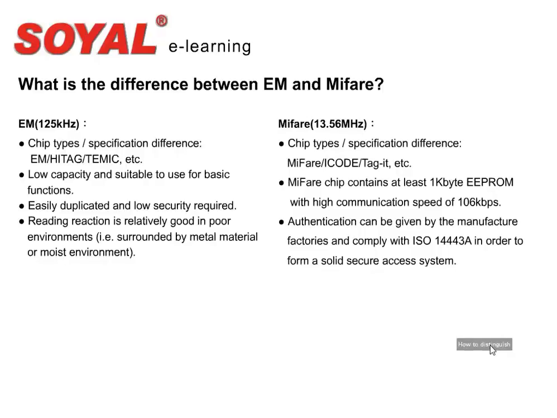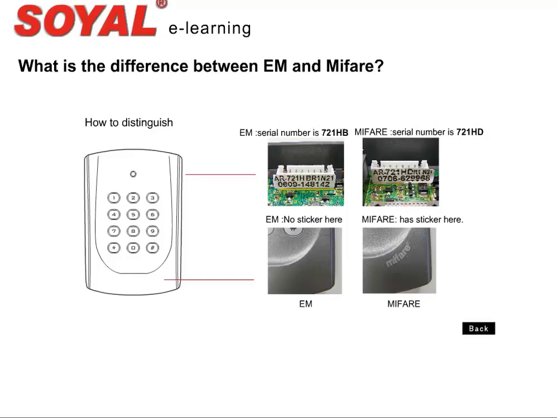And here, we could see how to distinguish the frequency of our AR-721H controller. There are stickers on the PCB board of each controller. If you see the controller name on the sticker is 721HB, B means EM frequency, and you will not see any words on the front cover of AR-721H.